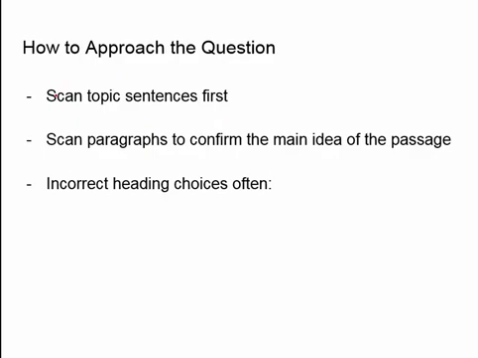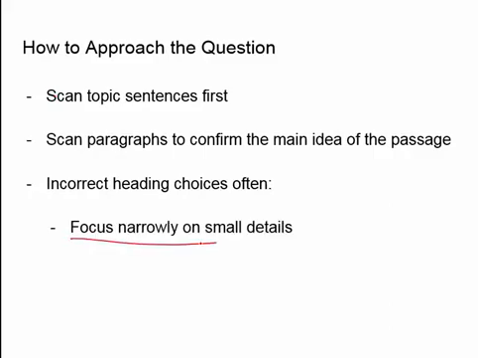Okay, you have to be careful for incorrect headings, and some signs that you have an incorrect heading are like this. First of all, incorrect headings often focus too narrowly on small details that you find in paragraphs. These are main idea questions, so if one of the choices really focuses on a small detail, it's probably wrong.